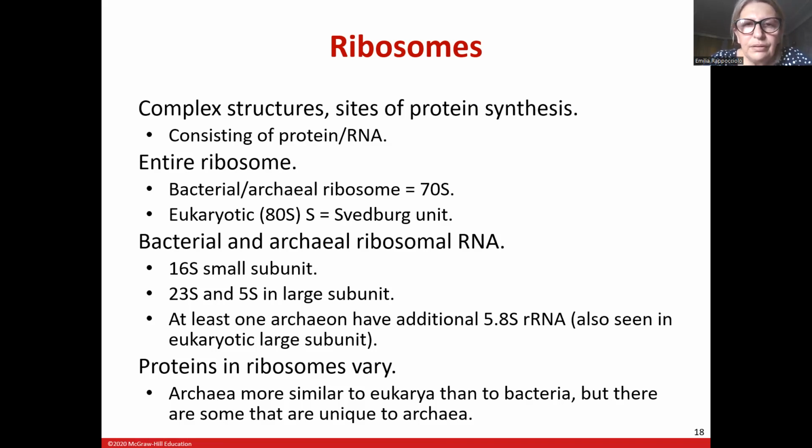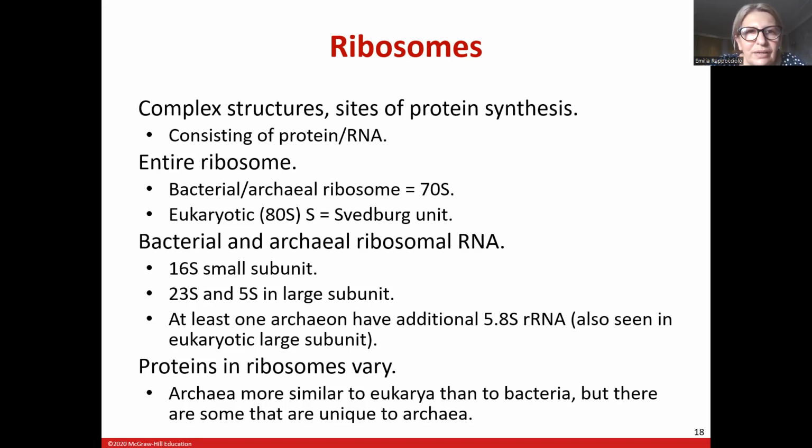When you look at the large subunit of the ribosome in archaea, it contains ribosomal RNA that can be similar to the one of bacteria, but also it has a 5.8S ribosomal RNA, which is also found in eukaryotic ribosomes.